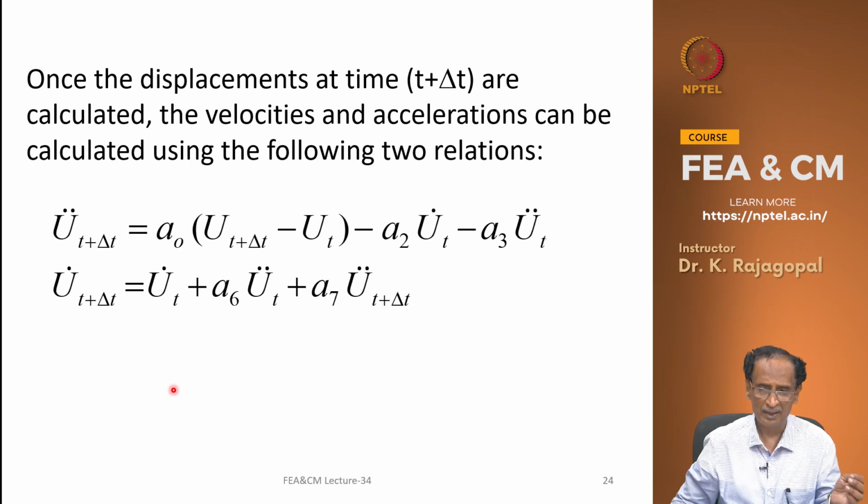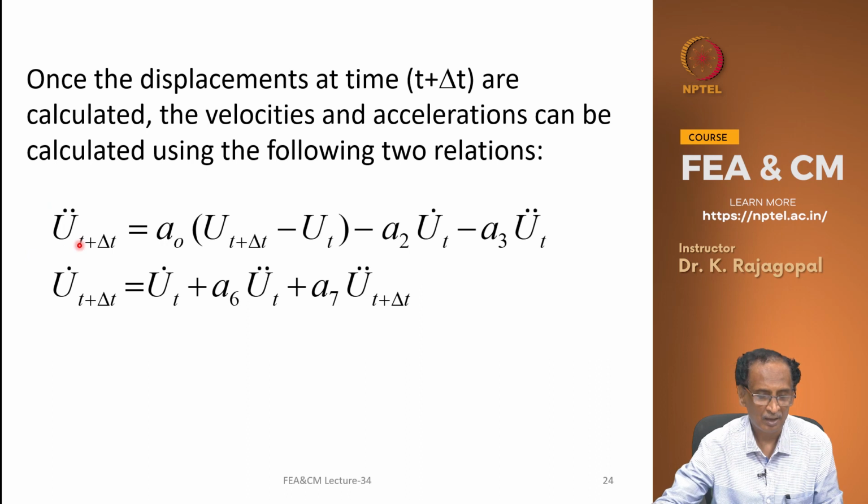Once the displacements at time t plus delta t are determined, the acceleration at the next time step is a naught times (u at t plus delta t minus u at t), minus a2 times u dot at t, minus a3 times u double dot at t. Then the velocity at time t plus delta t is obtained like this.